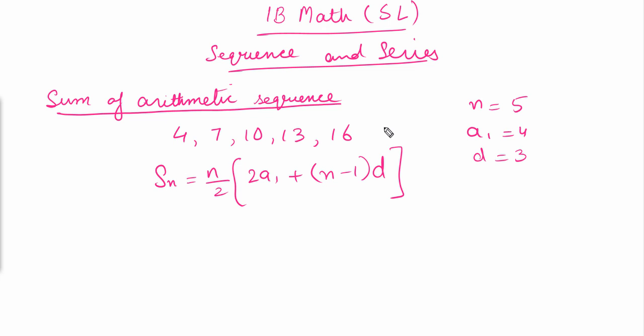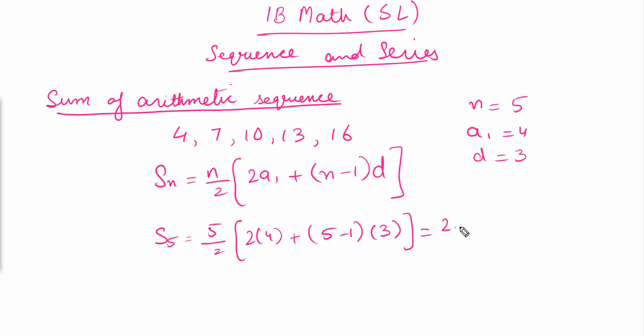If you want to find out the sum for, let's suppose, 100 terms, we can just put n equals 100. Alright, so S of 5 will become equal to 5 over 2 times (2 times 4 plus (5 minus 1) times d), that is 3.